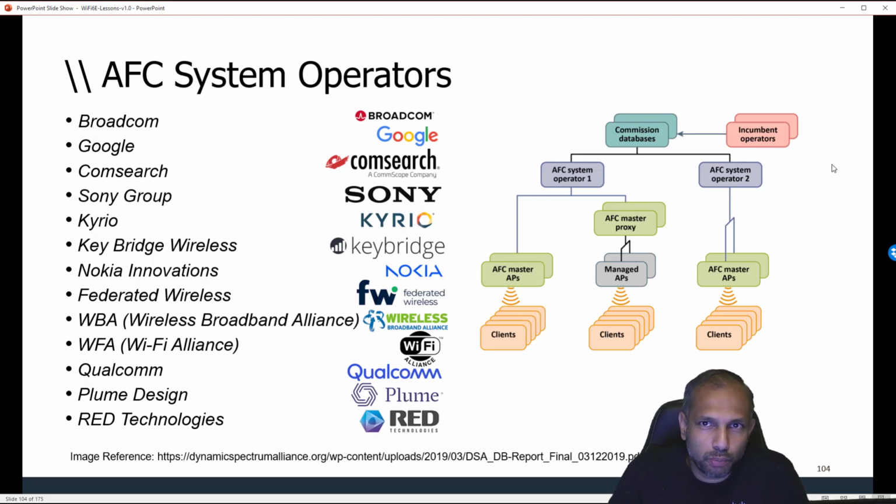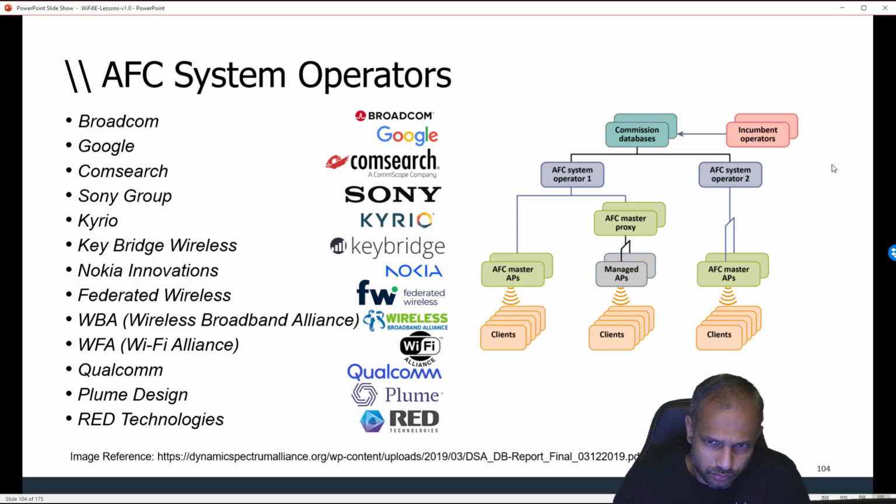Whenever the AP comes into power operation, they check with these AFC operators. The Wi-Fi Alliance is also one of the AFC operators, and so are Google, CommScope, Sony, and many vendors, 13 in total. Broadcom and Qualcomm, as chip manufacturers, are also willing to be AFC operators.